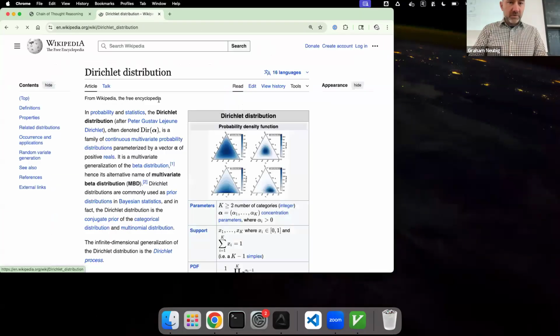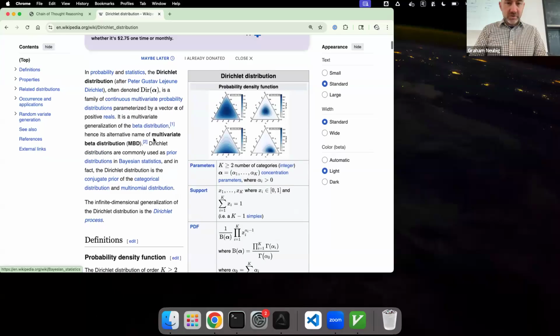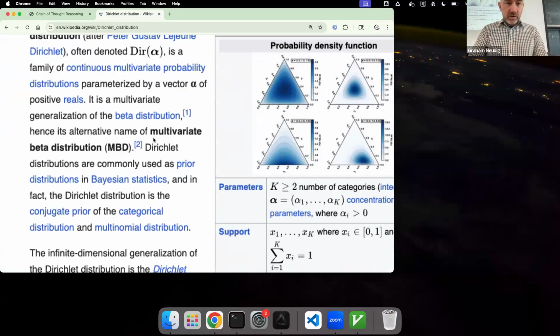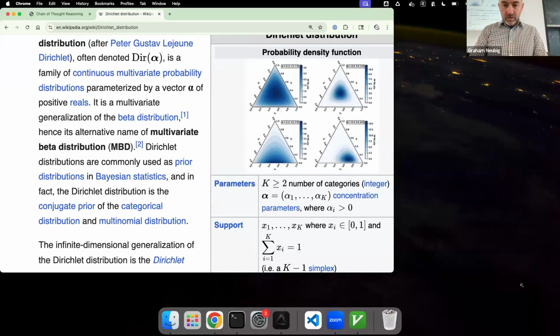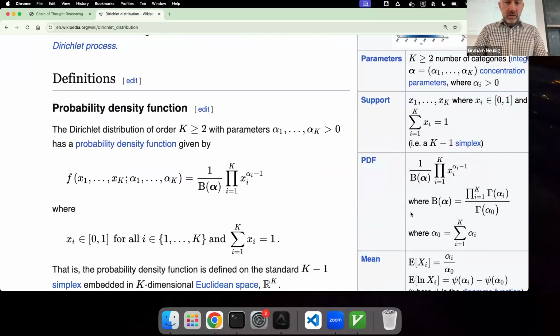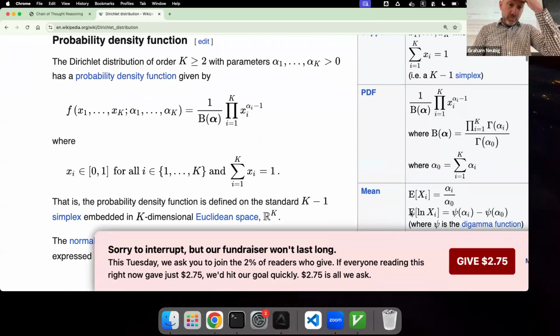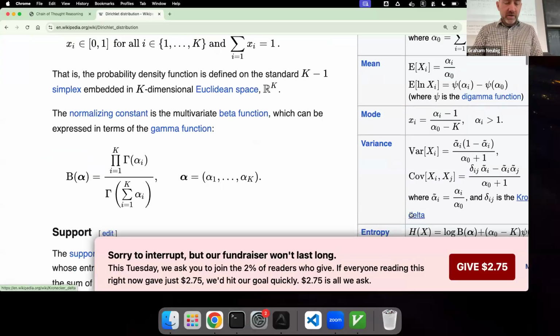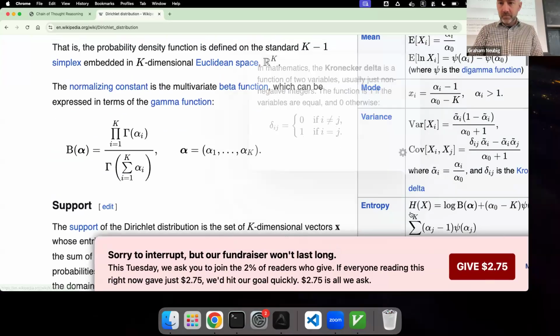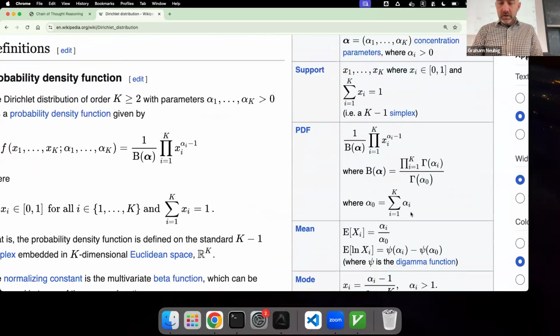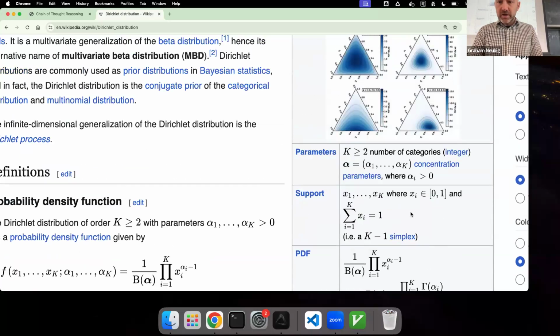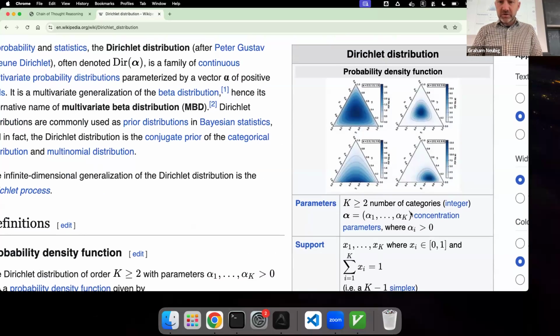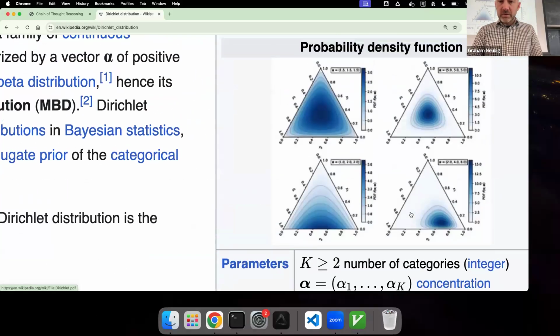I don't want to mess up the equations, but basically, it is a prior probability that you can put on discrete distributions.